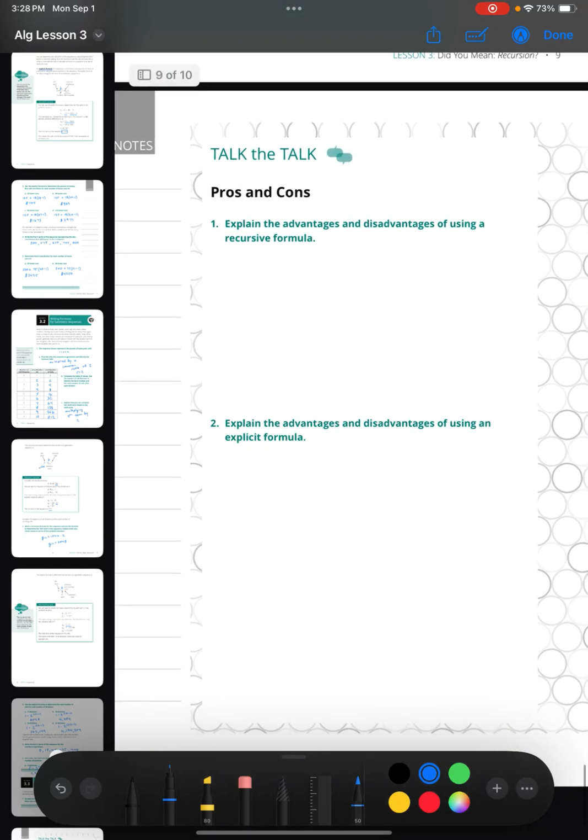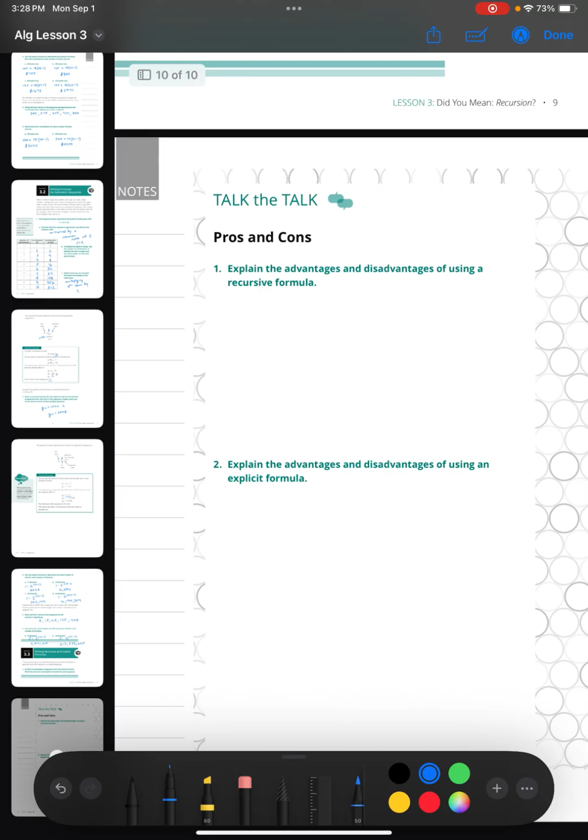Okay, and then ending with last page here, just pros and cons. So what would be the advantages and disadvantages of using the recursive formula? The pros: enables making sense of a growth pattern of a sequence.